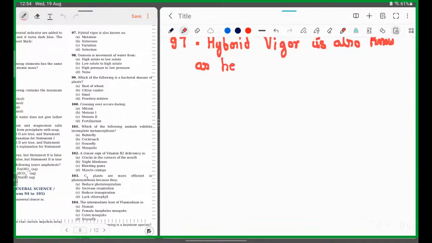So let me tell you what hybrid vigor is. It is a biological event where a hybrid offspring shows superior traits such as increased size, fast growth, or higher crop yield compared to its purebred parents. So what happens?